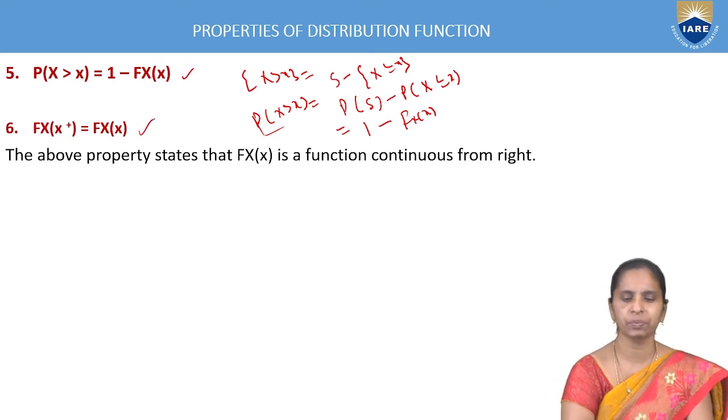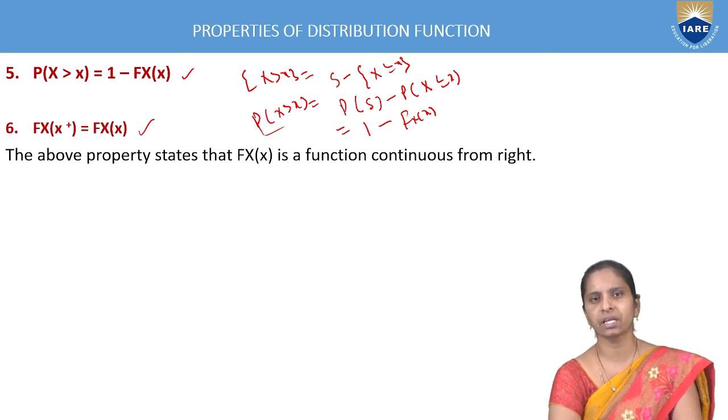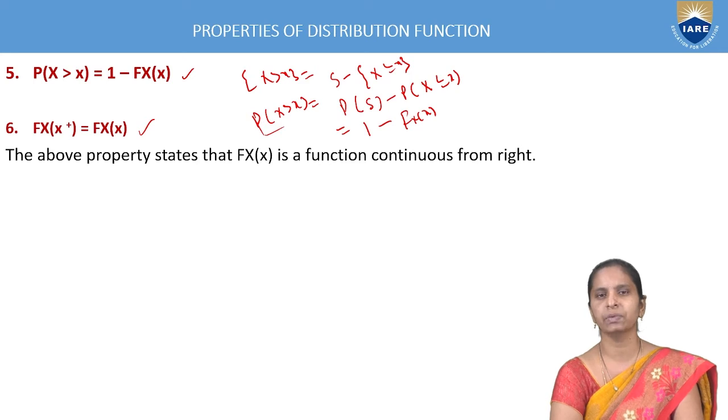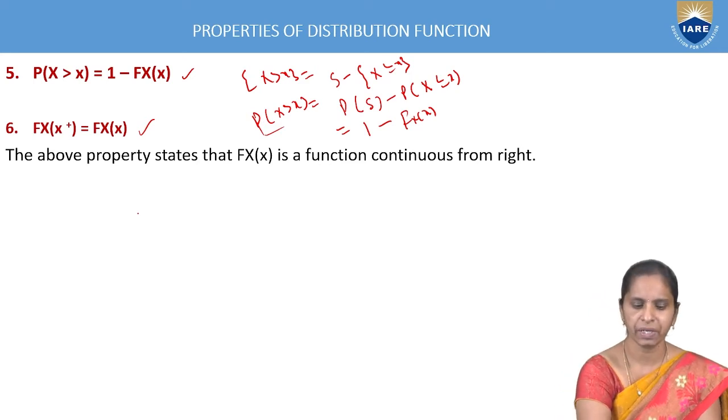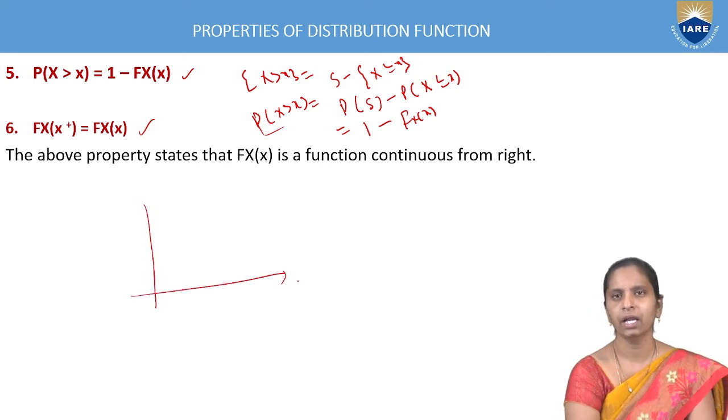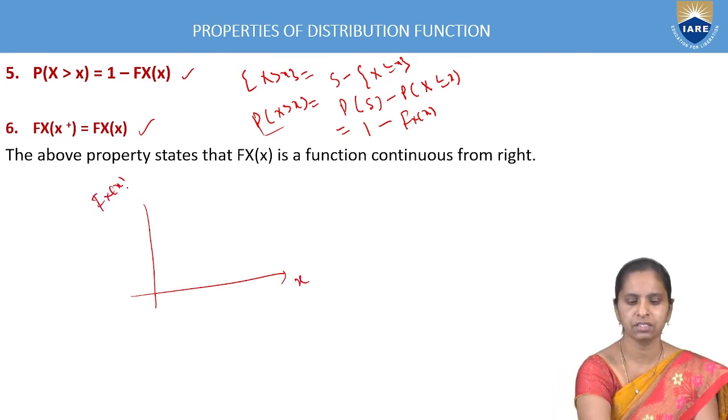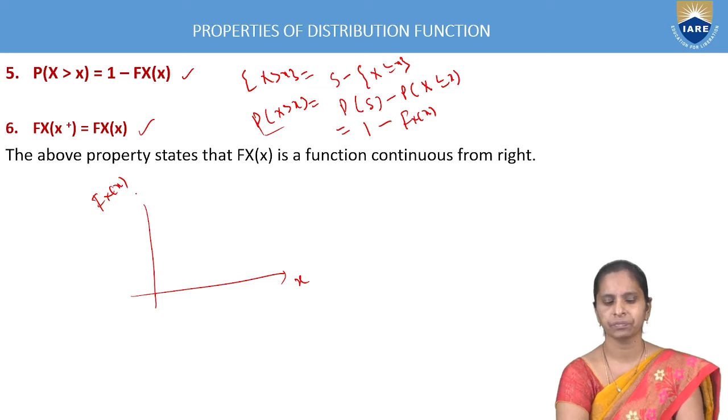And coming to the sixth property, it states that the distribution function is always right-continuous, it starts from the right. For example, I am considering a distribution function with x on the horizontal axis and the distribution function on the y-axis.